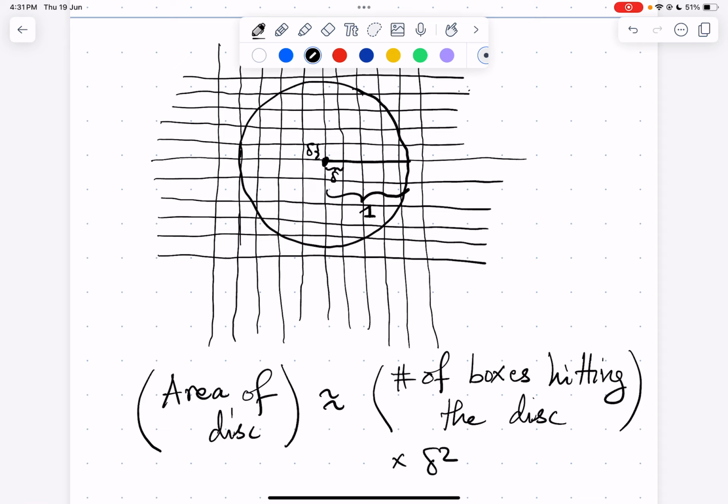That is roughly the area of the unit disk. For smaller and smaller delta, this approximation becomes more and more accurate.